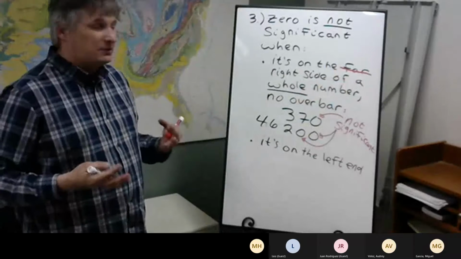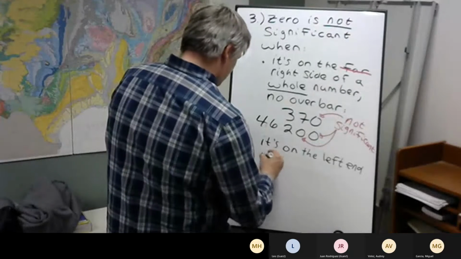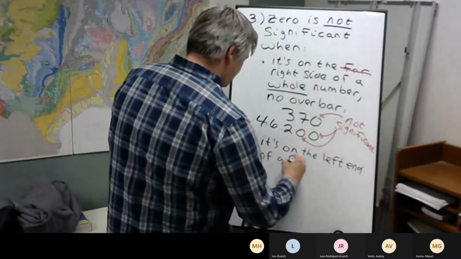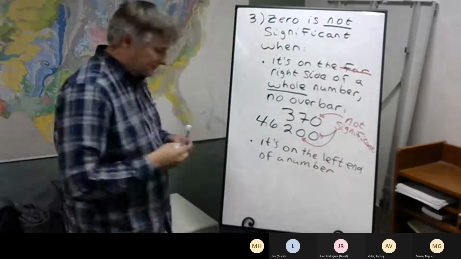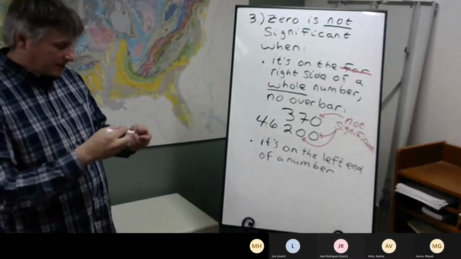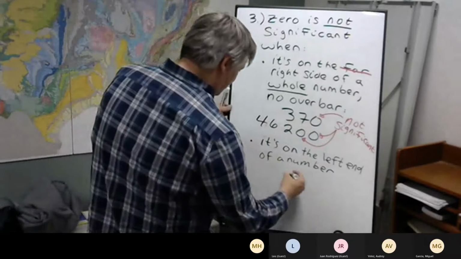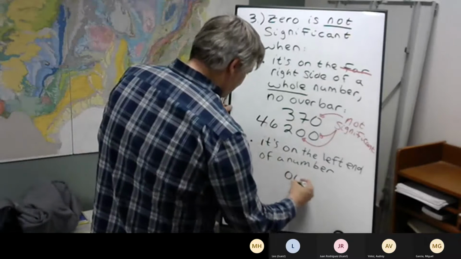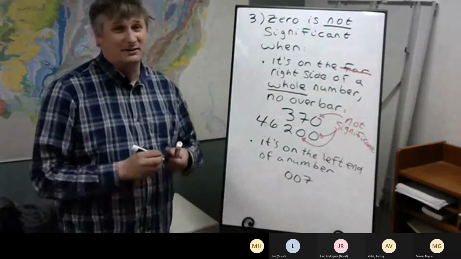So when else is 0 not significant? Well, it's on the left end of a number. So for example, something like this. These zeros are not significant.